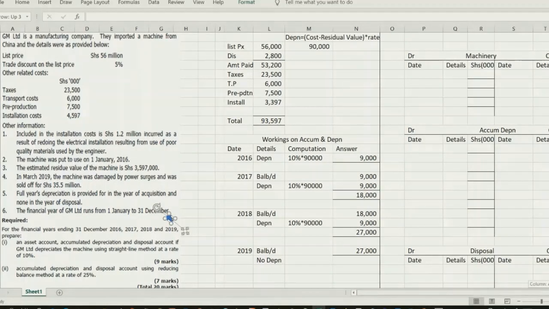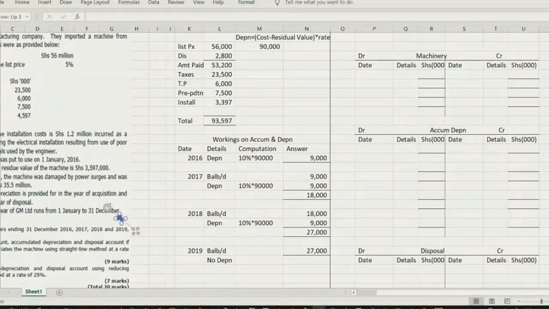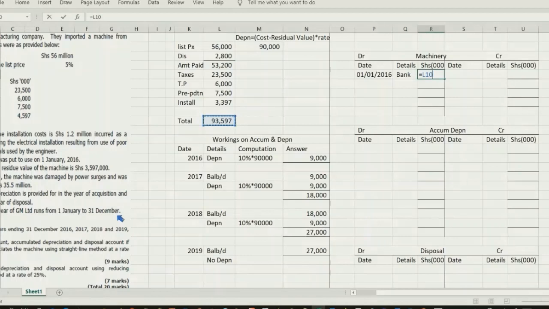So we are going to fill in the accounts that we set up and say that with machinery on 1st of January 2016 we bought a machine. That's why we are debiting bank here. We imagine it was credited with the cost of 93,597 that was spent in purchasing this machine.